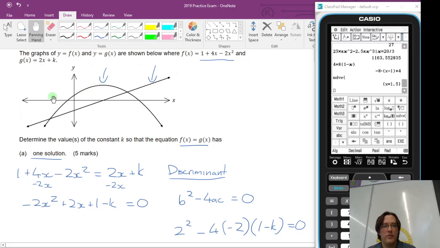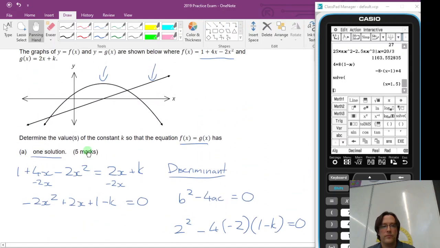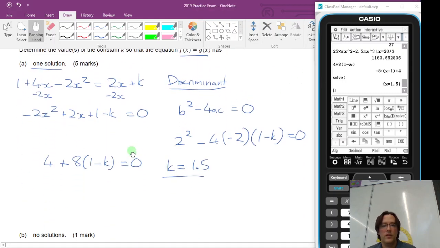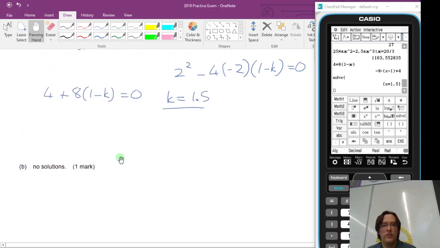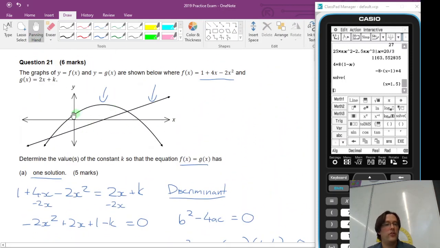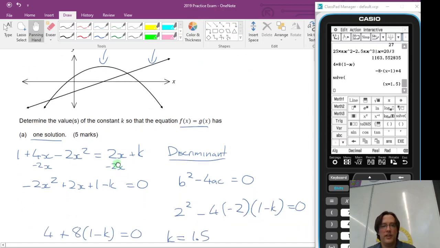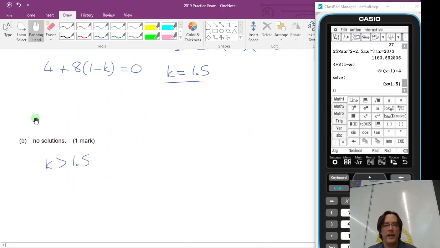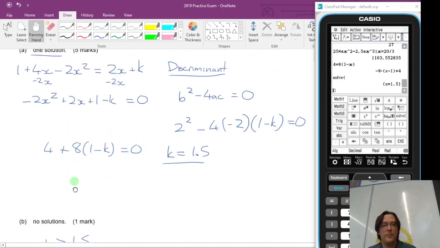If it was up to 1.5, it would just touch at this point once. So when does it have no solutions? Well, if k is greater than 1.5, it won't touch the curve at all, so there will be no solutions. So that's our final answer to that one. And that's the end of the exam.